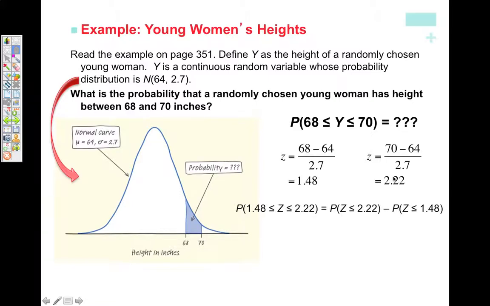We can look up those probabilities in our tables. For a strip of probability like this, we're going to take the probability that z is less than the big one minus the probability that z is less than the little one. We're going to subtract the two probabilities, big minus little. Looking these up in Table A, we get 0.9868 minus 0.9306.